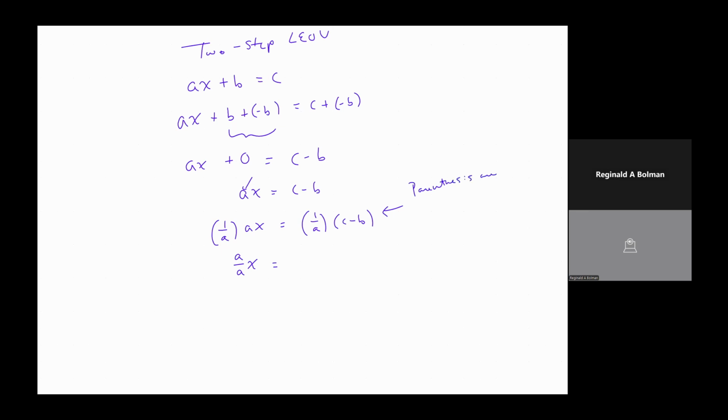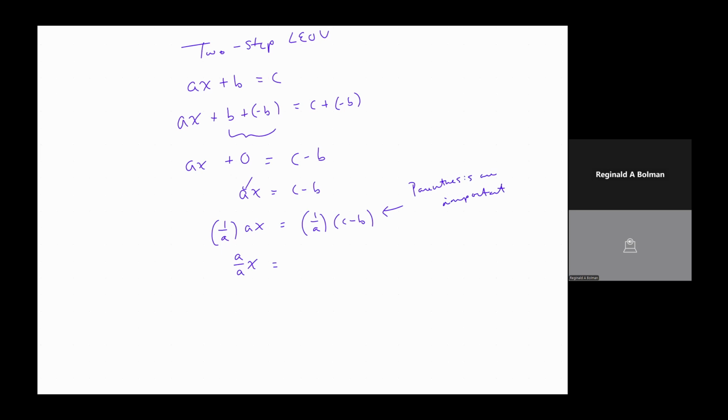They're critical. I need to have a set of parentheses around my c minus b term. I can't just multiply 1 over a by c or 1 over a by the b. This is a big mistake that I see students making in Math 950. If you do that, you are just wrong, okay? You got to multiply 1 over a by everything on the other side.